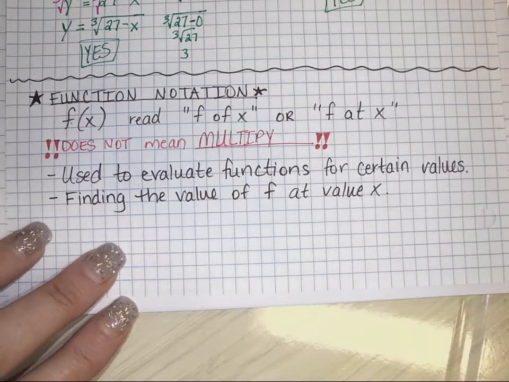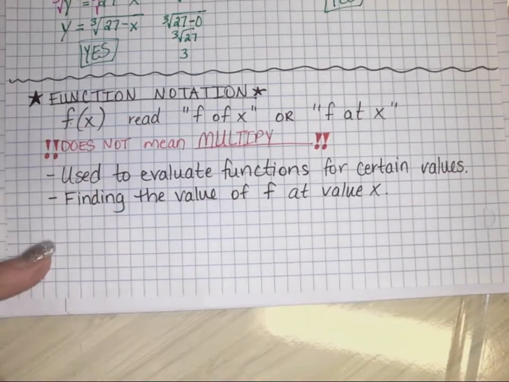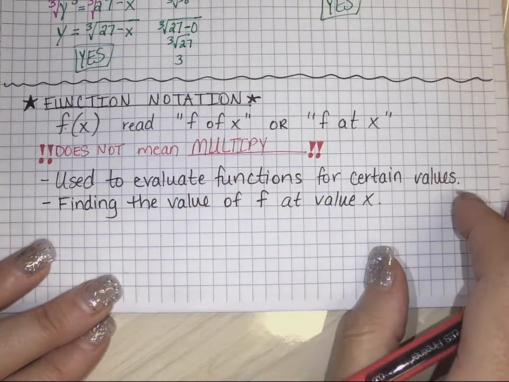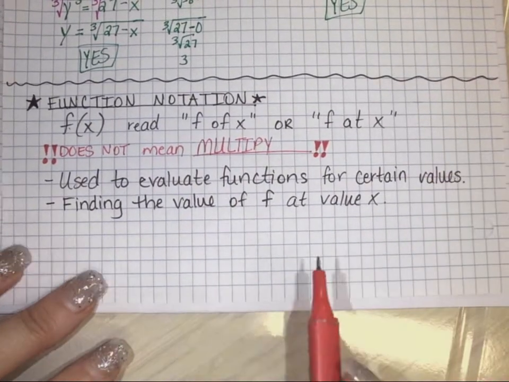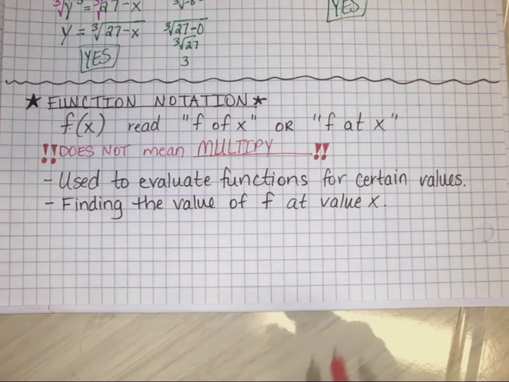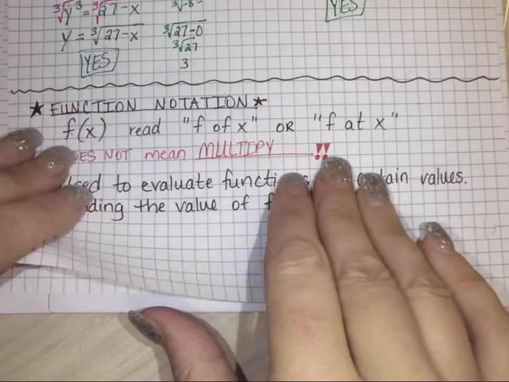It does not mean multiply. It is not saying f times x. This function notation, you're going to see this a lot in pre-cal. You're going to hear me say that a lot, probably get tired of it. It's used to evaluate functions for certain values. So finding the value of f at value x.